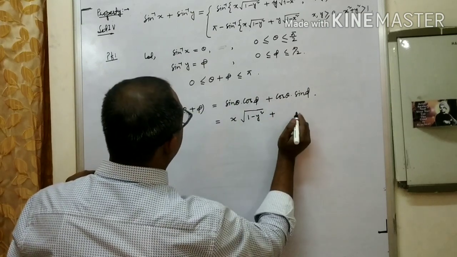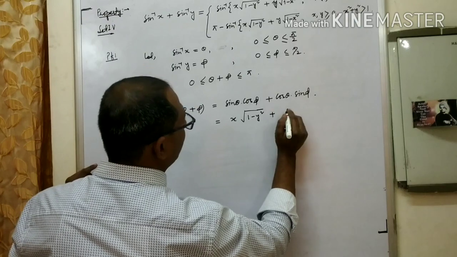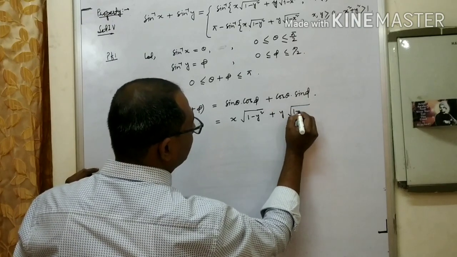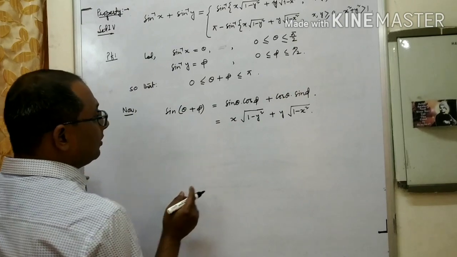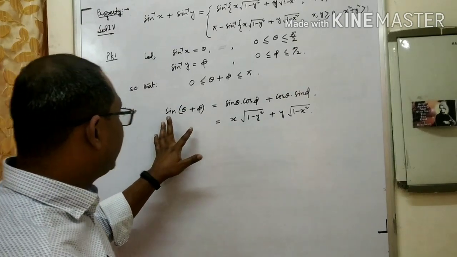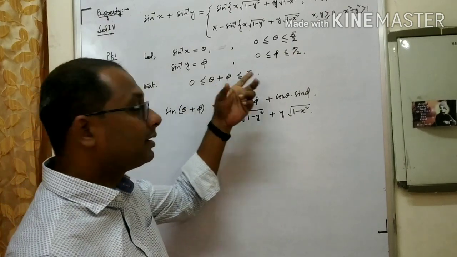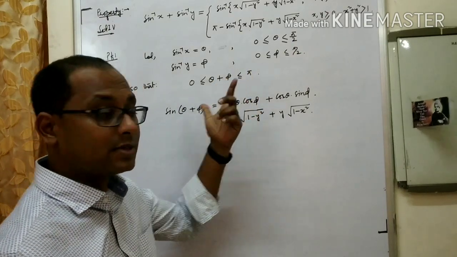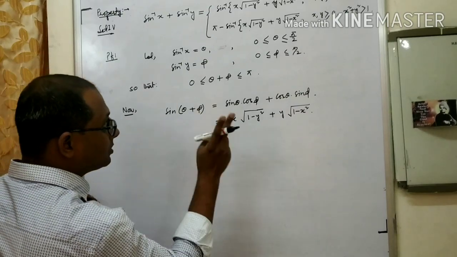Cos theta is root over 1 minus x square, and sine phi is y. Now before I go for taking sine inverse, we have to make sure that theta plus phi is lying in the principal value branch of sine inverse, but it is not. So again, this will give me two values.